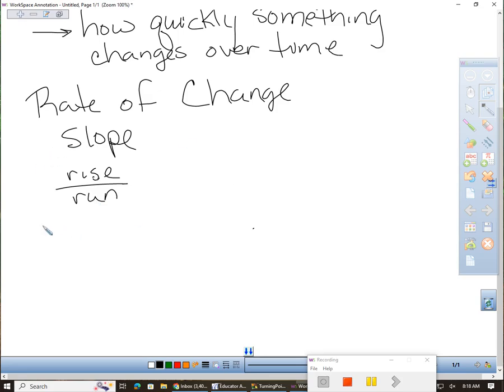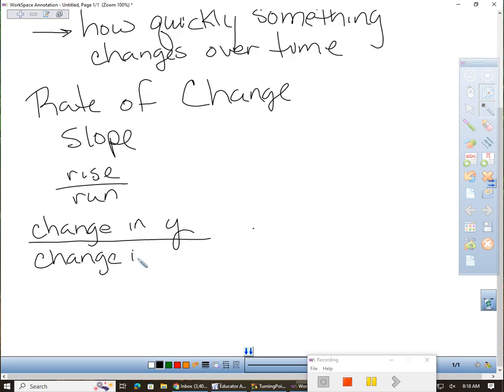Sometimes we call the exact same thing the change in y over the change in x. Very good. Does anybody know what letter we use when we represent slope? It's actually the letter M. You knew that, didn't you? Yes, exactly.